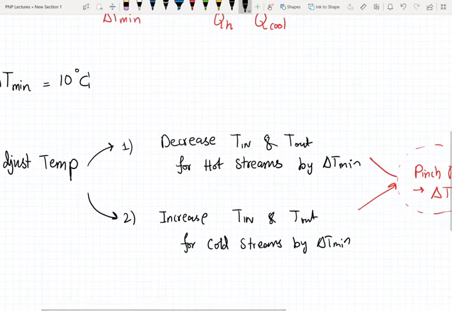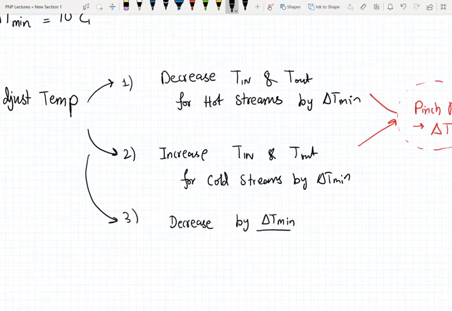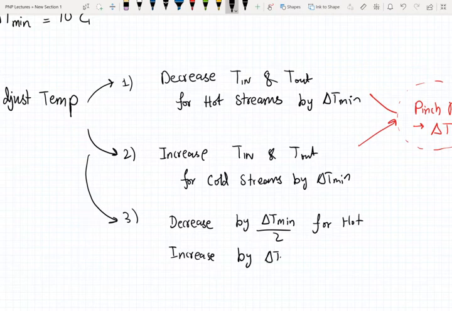You might even see in some textbooks or some videos where you decrease by delta T min over 2 for hot streams and increase the temperature of the cold streams by delta T minimum over 2.